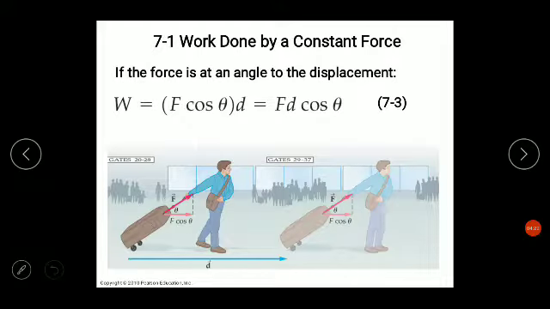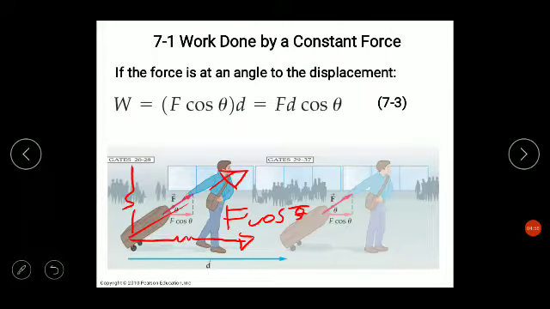All you have to do is take the component of the force that is parallel to the displacement. This component is what we call F cosine theta.